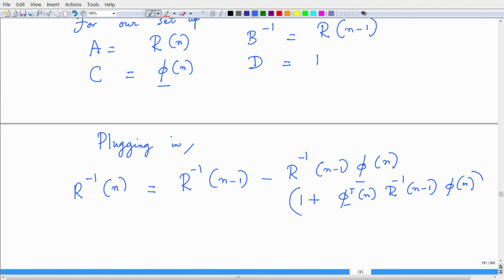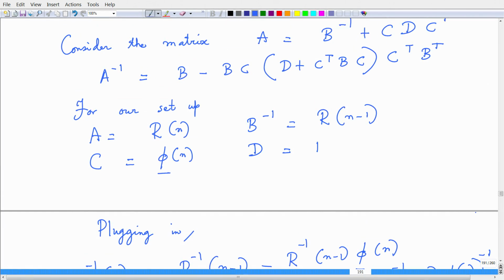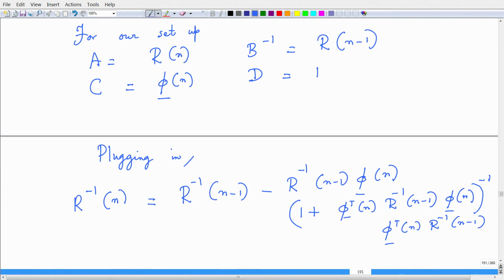So this inverse, times C transpose times B transpose, which is basically phi transpose n times R inverse of n minus 1. So this is just plugging A, B, C, D in this inversion formula.